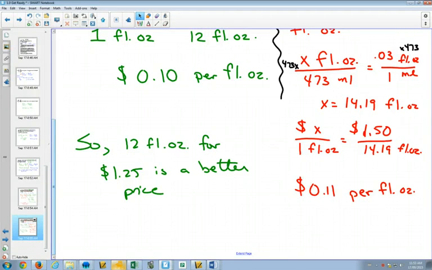Had you used the more accurate formula of 16 fluid ounces, you would have got, this actually is 9 cents. So if you'd used that formula, then that one would have been a better price. But we're really talking only a penny. So they're basically the same price.